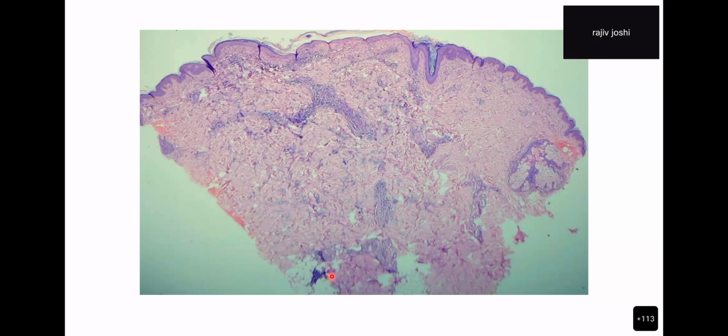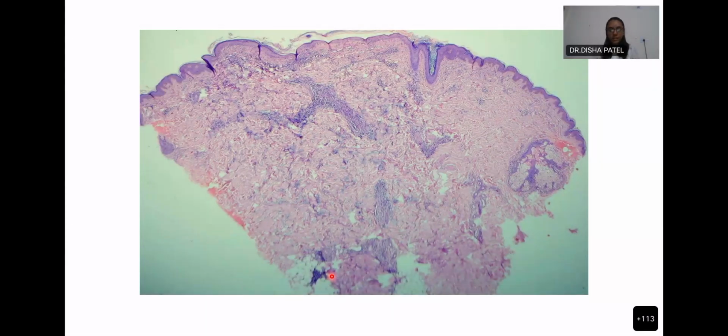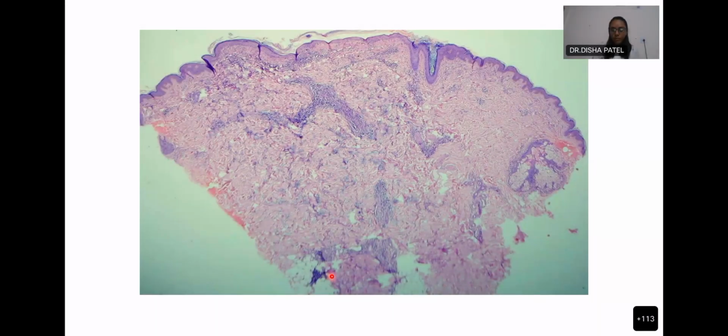Histopathological section from skin biopsy on low power shows epidermal atrophy with flattening of rete ridges and basal speculation, thickening of basement membrane, and thickened papillary dermis with perivascular lymphocytic infiltration.